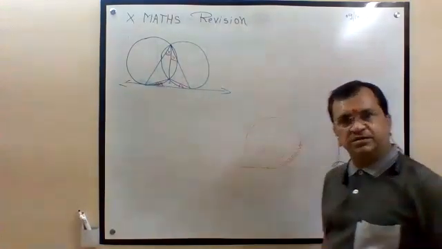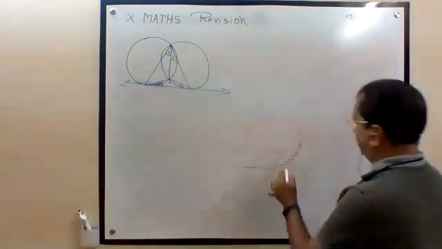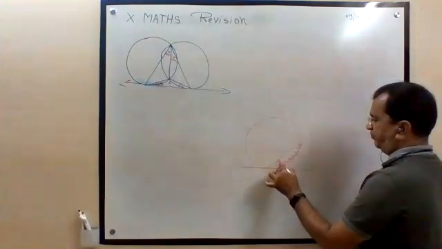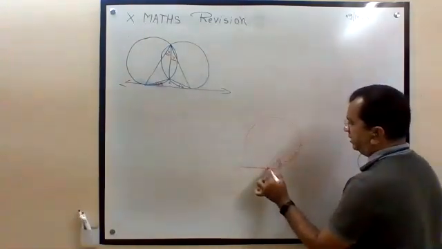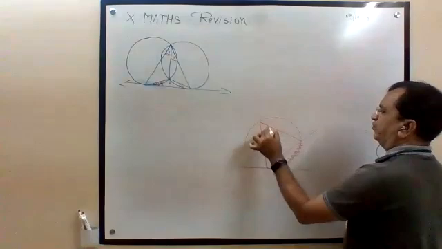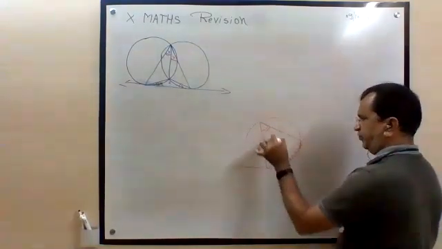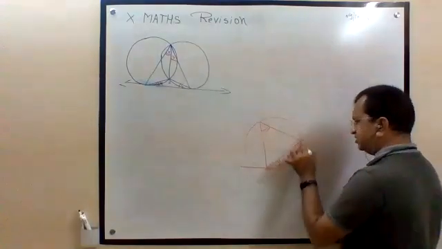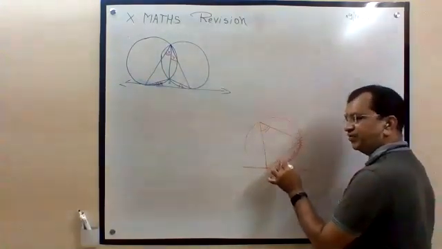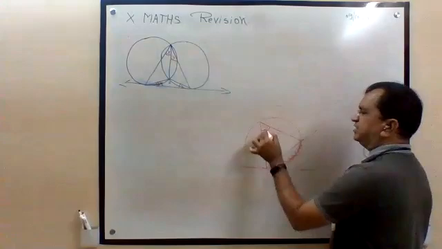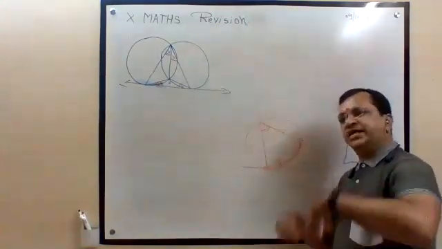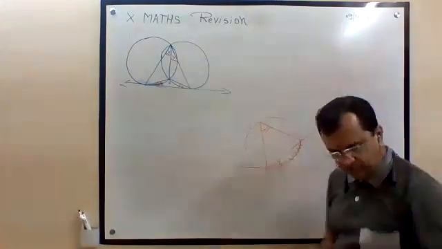Suppose this arc is 100, so the inscribed angle will be half, 50. This angle is also half of the arc, 50. Therefore, both are half of the same arc. That's why both are equal.